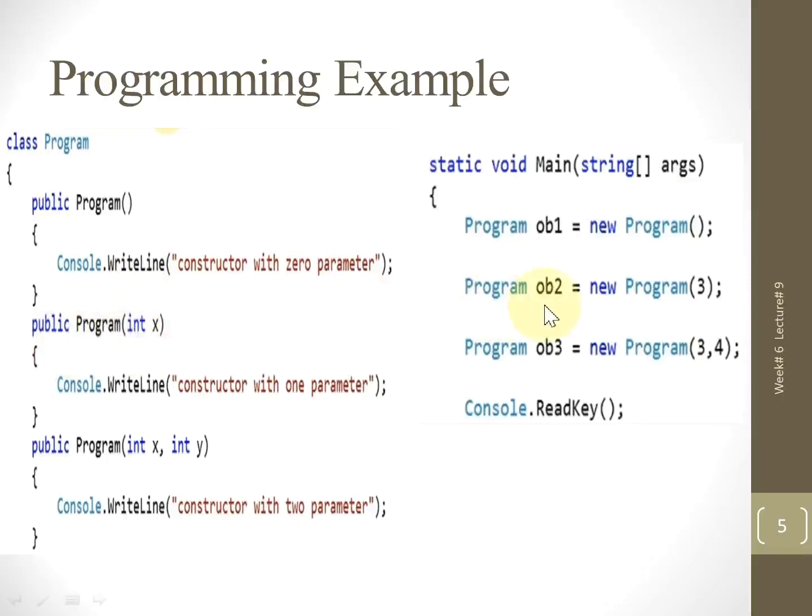So in the second object, we are sending one integer value, which is required by the second constructor, so this constructor will be called. And in the third object, we are sending 2 arguments, 3 and 4, meaning 2 integers, because the third constructor function requires 2 arguments of integer type.